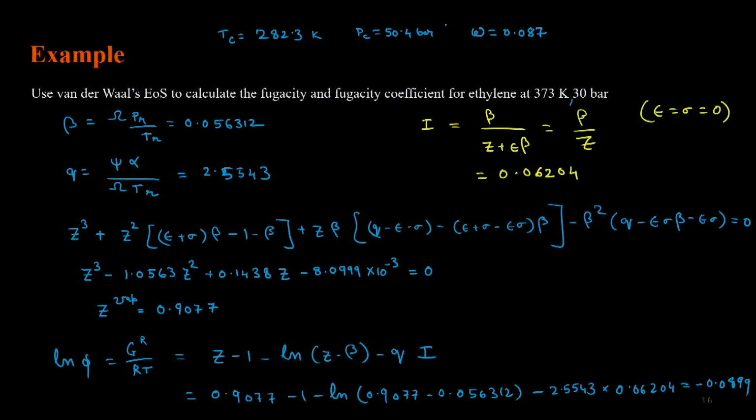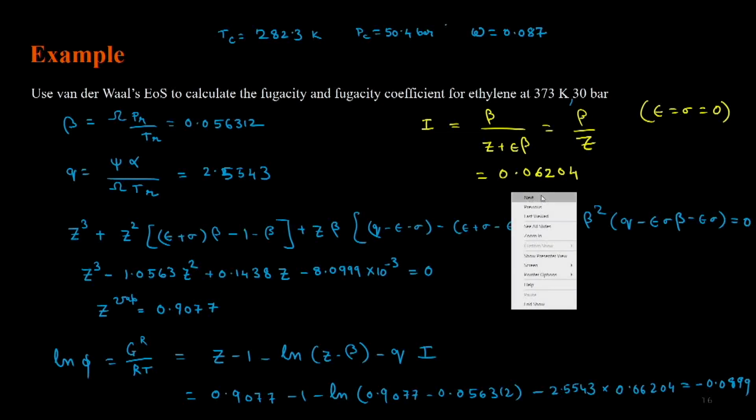This is the value of ln phi we get by simplifying the numericals, and once we have ln phi, I can calculate phi. It will be exponential of negative 0.0899.